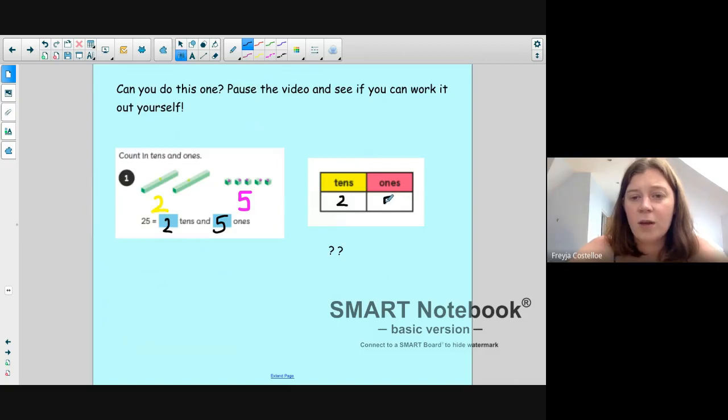I've got 5 ones. So here I've got 2 tens, 5 ones. All together, let's count that. 10, 20, 1, 2, 3, 4, 5. All together, that gives me 25.